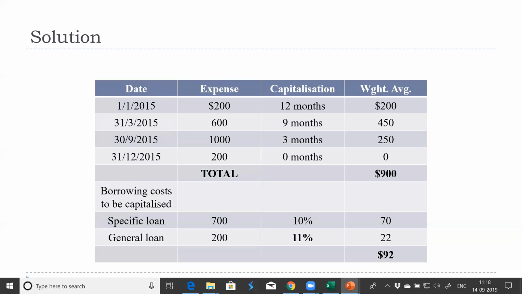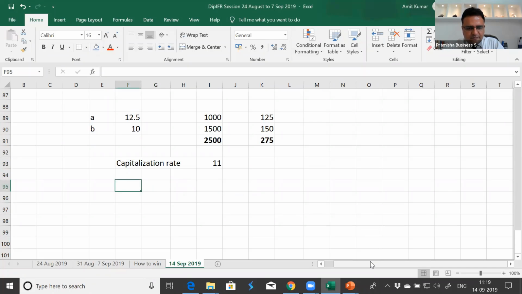So that will reduce my cost, if it is 8%, on 500. 8% of 500 is 40 for a year, and for 3 months you can reduce your total capitalization borrowing from 92 by 10. 82 will be eligible for capitalization.